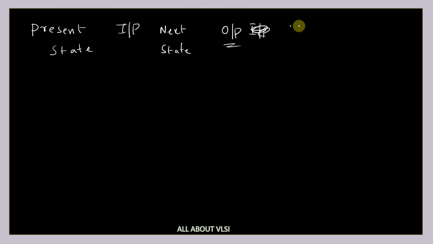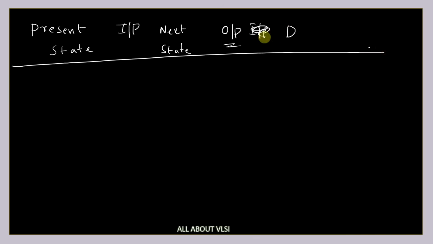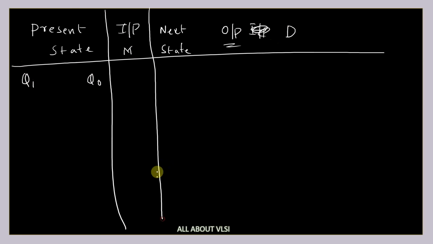And let's take a D flip flop. If I take a D flip flop, this is how it is going to look. This is my Q1, Q naught, the outputs of my D flip flops. And let's say my input is some M. My next state will be Q1 plus and Q naught plus. And this is my output, let's say Y.